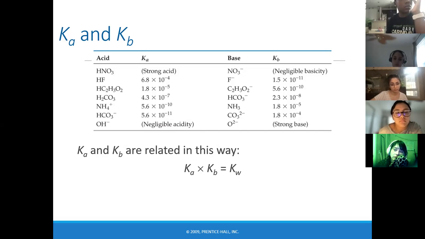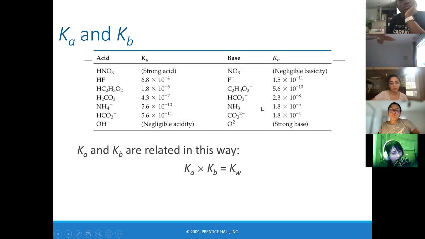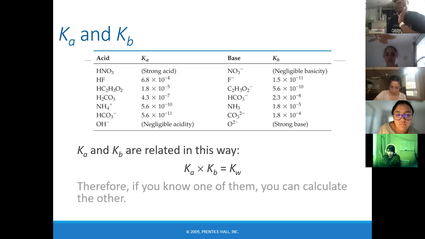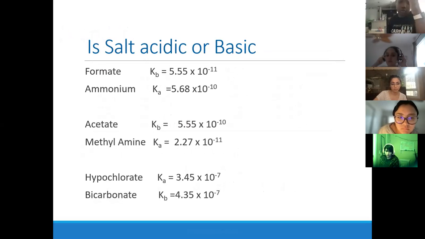If I have that in a salt with F minus, now let's go with NH3. Which is larger, the Kb or the Ka? Kb. So is it going to be basic or acidic? It's going to be basic. Everybody understand that? Any questions on that? Okay.